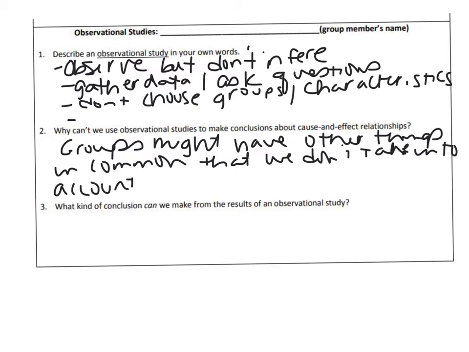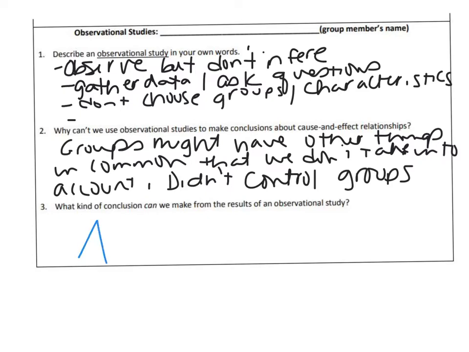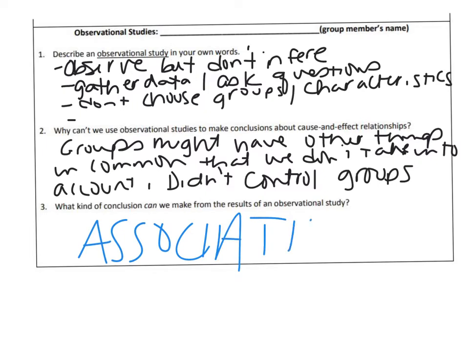And then also, you didn't control the groups. And then what kind of conclusion can we make from observational studies? The only thing you can make from observational studies is associations. So if I ask you what kind of conclusion can you make, the only thing you can say is association.